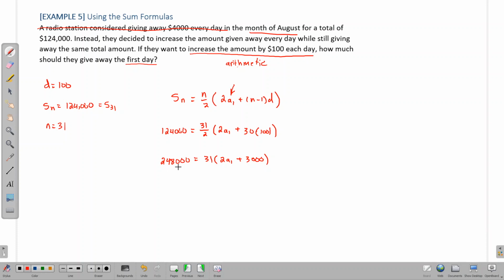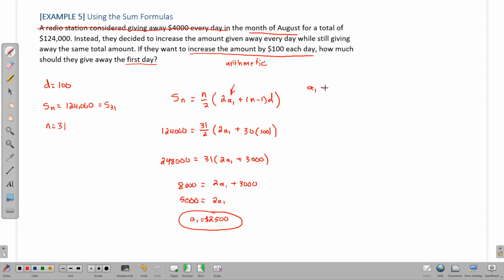To keep the numbers a little bit smaller, I'm going to go ahead and divide it over, and it divides nicely and comes out to 8,000. Now we have a simple equation to solve. Subtract the 3,000, so you have 5,000 equals 2a1. Divide by 2, and a1 comes out to 2,500.